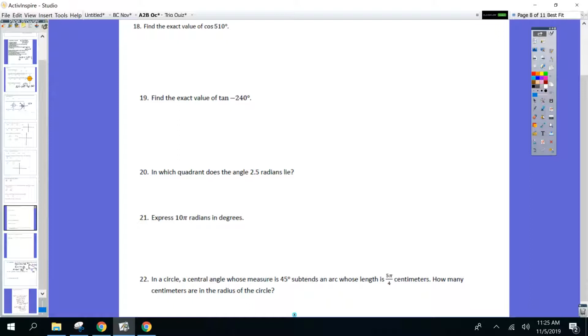Where do I even approach this? Maddie? Turn it into degrees. Does the 2.5 have a pi with it? No. Don't put one then, please. It's just 2.5. What's the conversion? Multiply by 180 over pi.